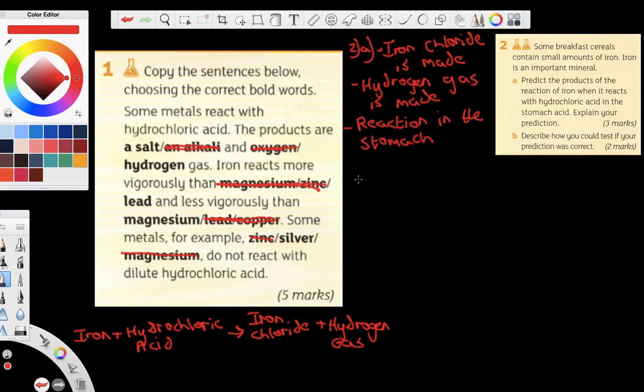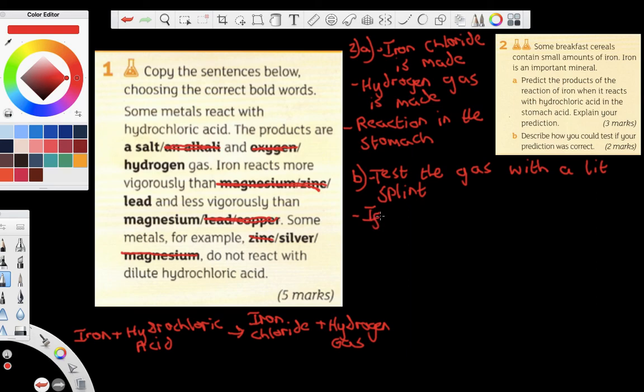Our final question, 2B, says describe how you could test if your prediction was correct. You could test the gas with a lit splint, and if there is a squeaky pop, like that, the gas is hydrogen.